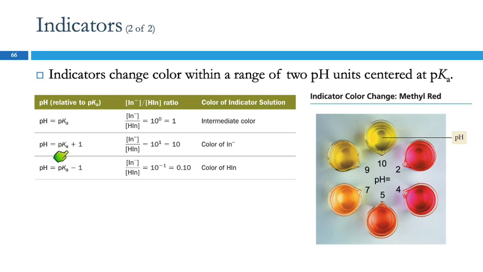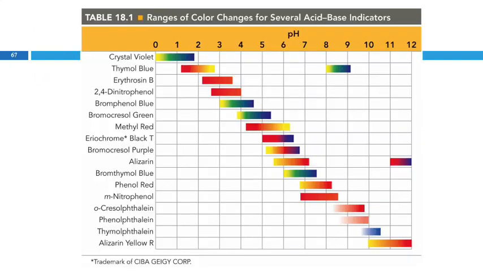When your pH is 1 above the pKa, you see the color of the basic form of the indicator. When the pH is 1 unit below the pKa, you see the color of the acidic form. And this is a table showing ranges of color change for several acid-base indicators.